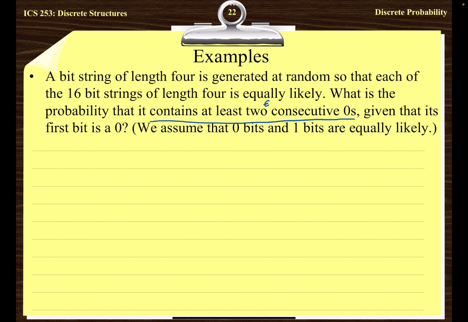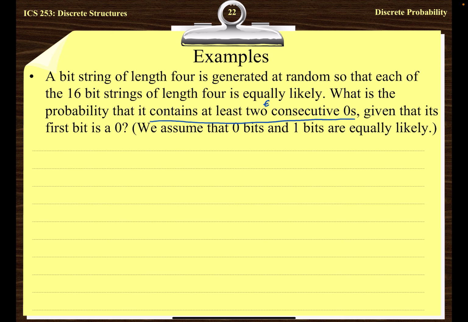Okay. So in order to find the probability of E given F, basically I need to determine what E is and what F is. Right? Okay, in the sample space, how many outcomes do I have? 16. So let's list all these 16 outcomes.